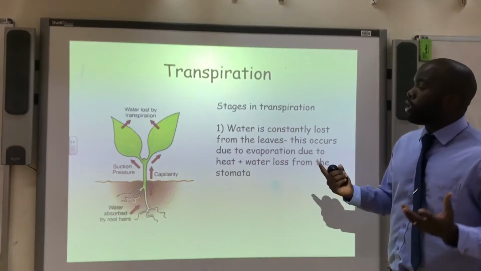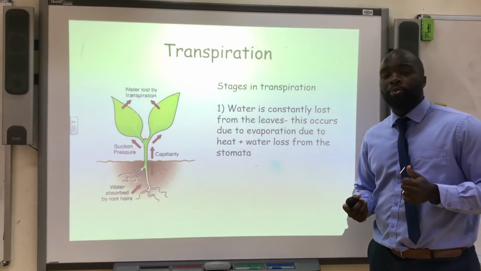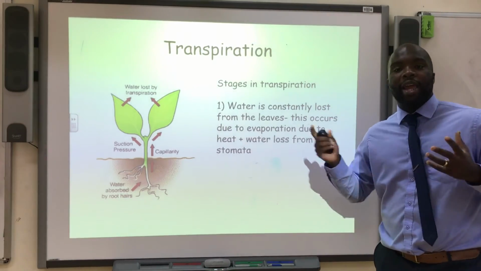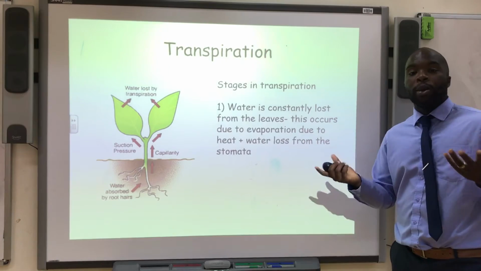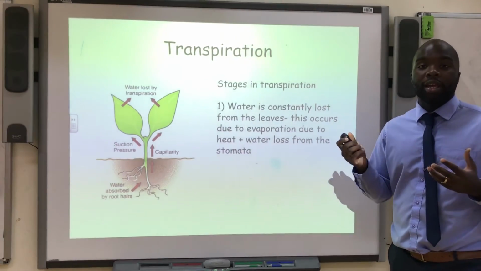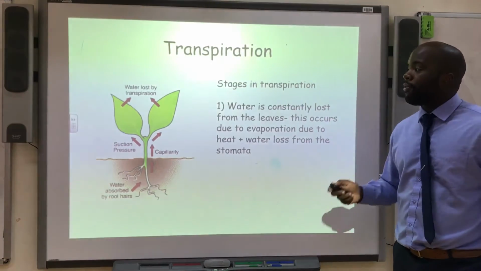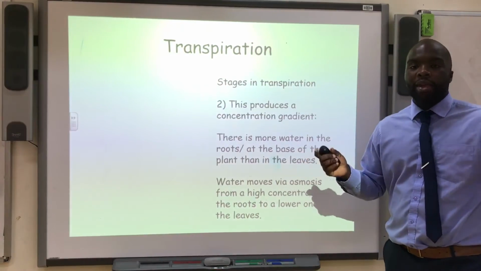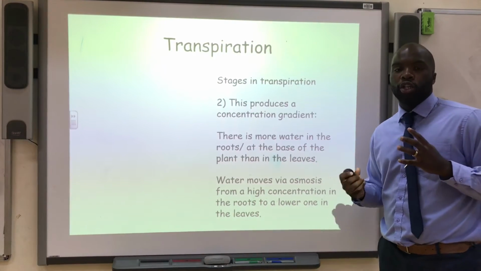Now, if we look at the rate of transpiration and what transpiration actually is, transpiration is the continuous loss of water, as we've previously said. This could be due to the evaporation of water or simply water vapor being carried away by wind. Let's look at how this can cause water movement from the roots right up until the leaves. When water is lost to the surrounding air, it causes a change in the concentration gradient.